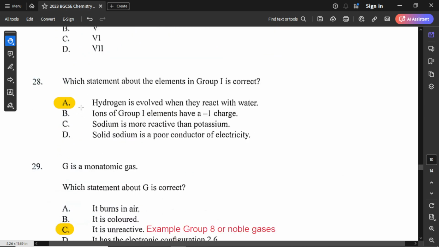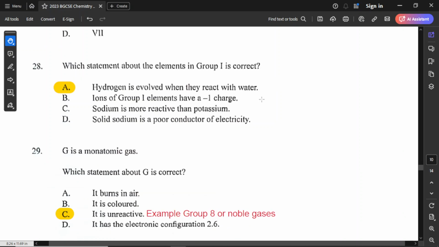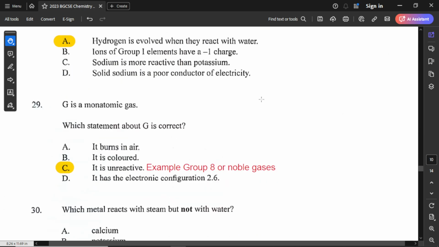28. Which statement about the elements in group 1 is correct? Hydrogen is evolved when they react with water, so think about potassium, sodium, and so on. 29. G is a monatomic gas. Which statement about G is correct? A monatomic gas means it's just a single atom.